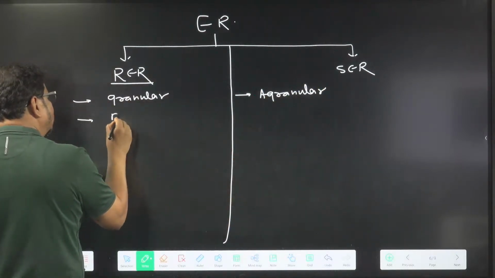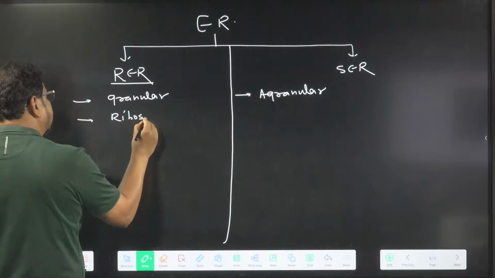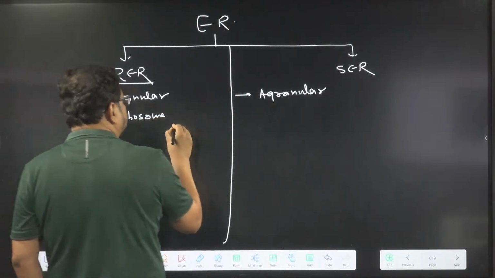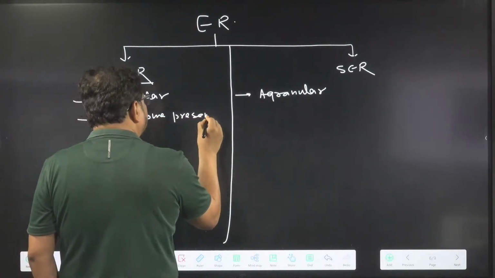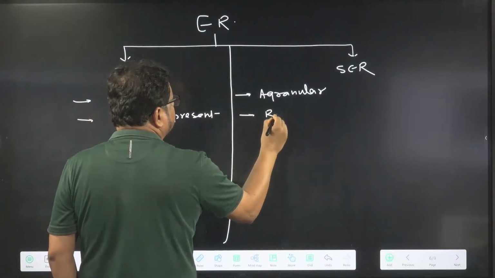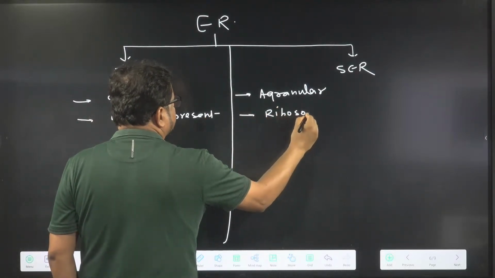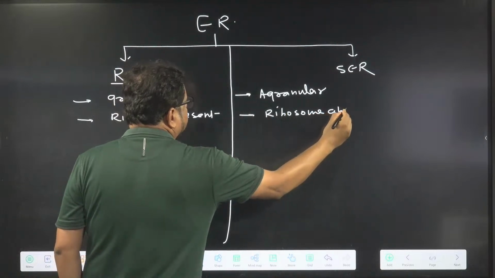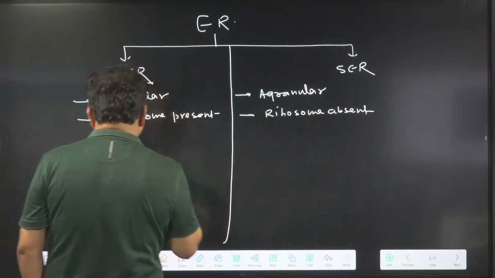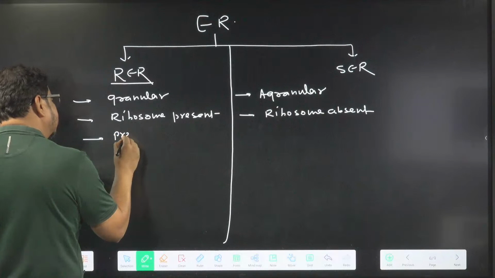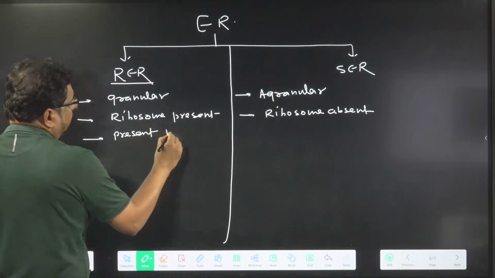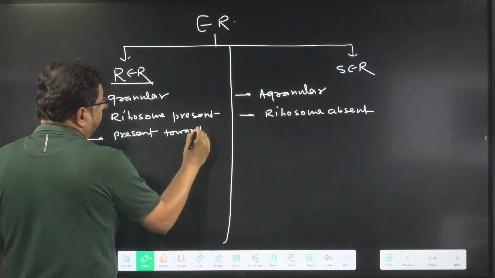Here ribosome is present. This one, ribosome is absent. It is present toward the nucleus.